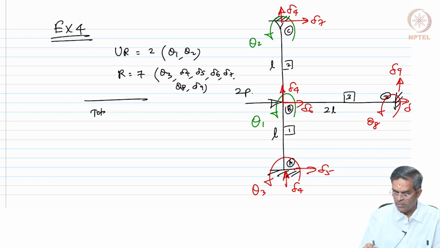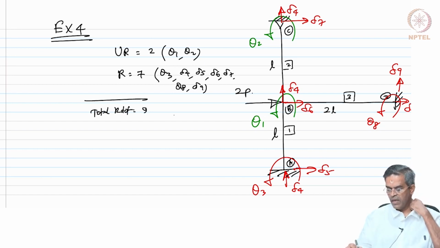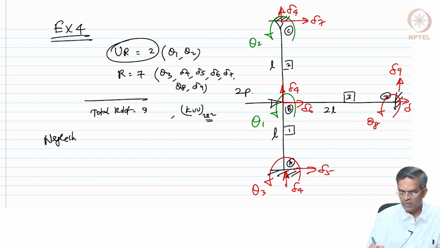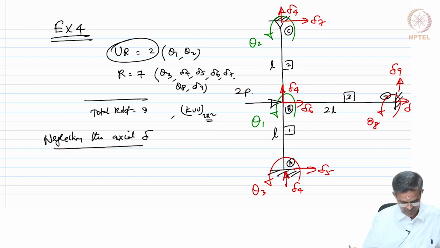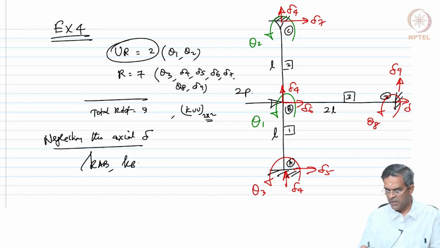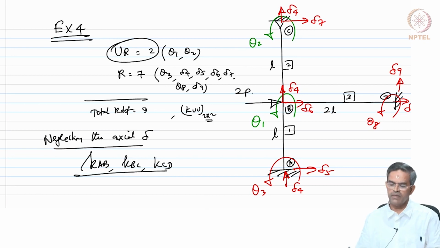So, the total kinematic degrees of freedom are 9 and KUU will be of size 2 by 2 because there are two unrestrained degrees, and remember we are neglecting the axial deformation. So, I can easily write KAB, KBC, KCD, assemble them and get KUU. That is what I am going to do now. Let us do that exercise very clearly; it is simple.